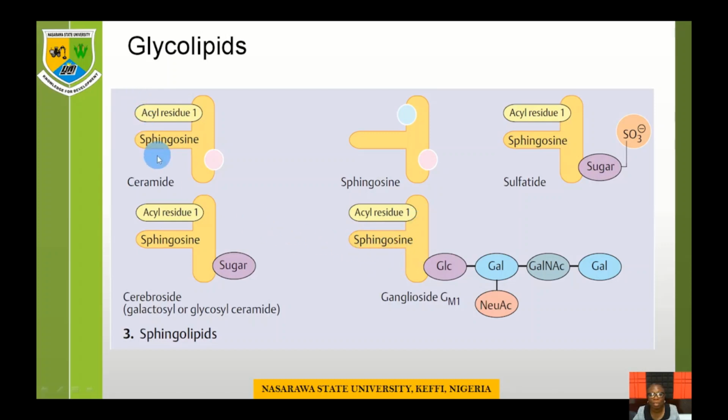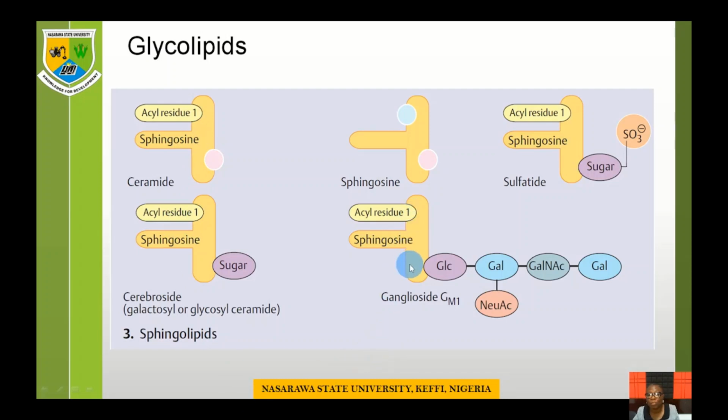All these are examples of glycolipids: the ceramide, the cerebroside, the sulfatide, and the ganglioside. You will observe that there is no phosphate in all these. That's the difference between them and the phospholipid.